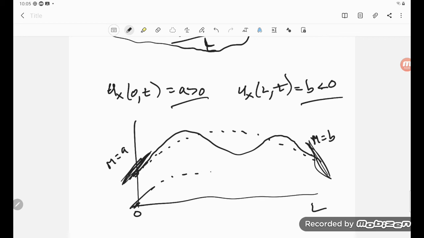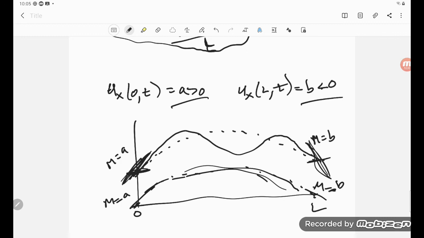But again, I think it would be some sort of unimodal function where the slope here is B, a negative number, and this slope here is A. But to get a nice smooth curve, which we would expect for our answer, it would need to do something like this. But again, it could be like down here at 0. It wouldn't have to be at exactly the same level like I drew it the first time. So I just wanted to make sure you realize that. And it could even be higher, I suppose.